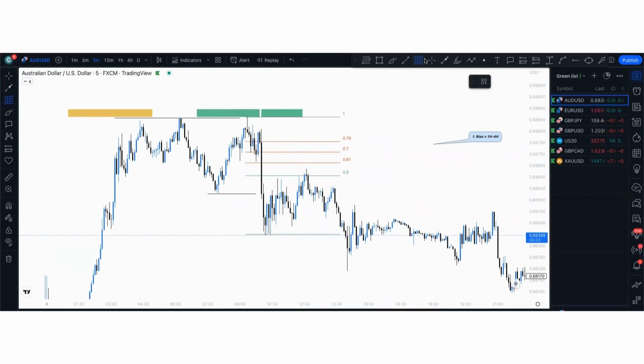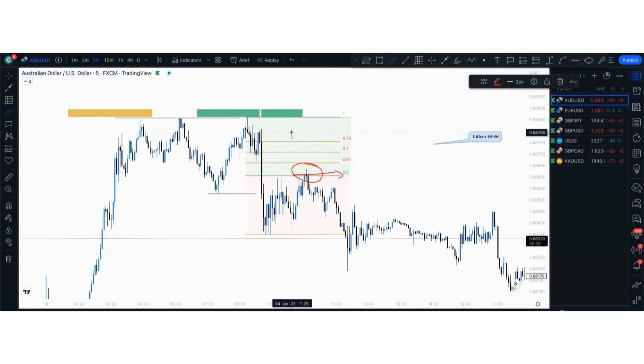I use Gunbox to check whether it's in a premium or discounted zone. So as you can see here, price did respect this 0.5 zone, which is actually in the discounted zone.